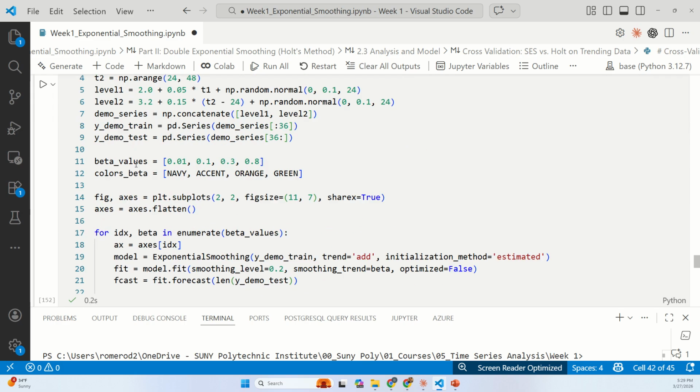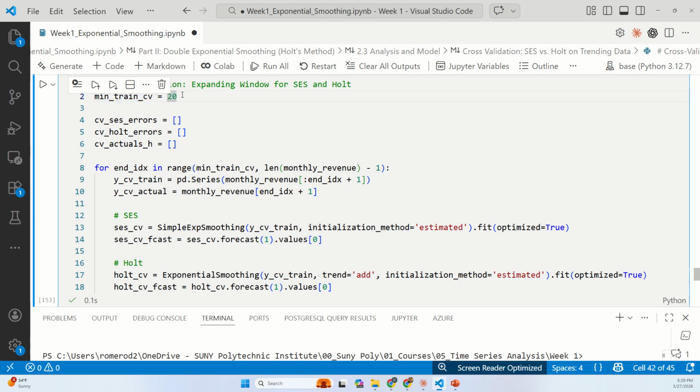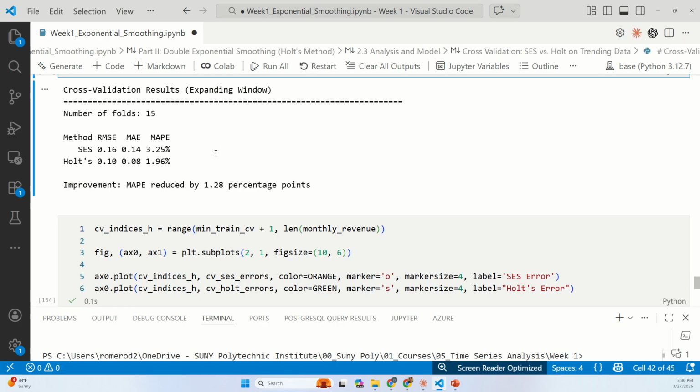So in this cross validation method, we're using 20 observations for the training, and then the next one, observation 21, will be used for testing. Then in the second iteration, we include 21 observations in training, and we evaluate performance on observation 22. So you keep expanding the window, because it's not rolling, it's expanding, until you get to observation 27 and evaluate on observation 28.